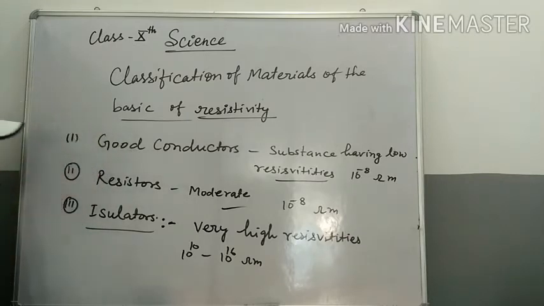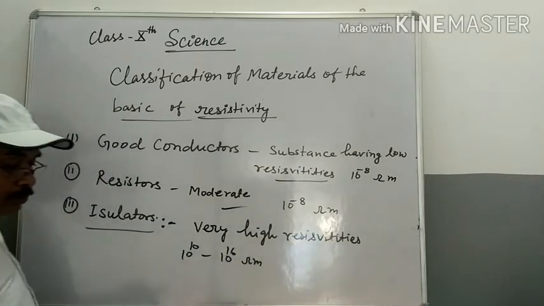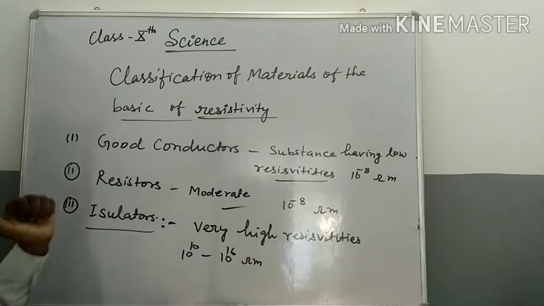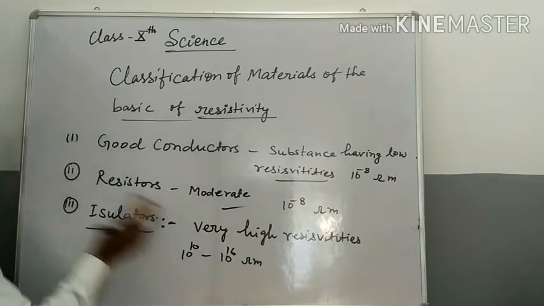Insulators like rubber gloves are used. Insulator means very high resistivity and negligible conductivity. Now students, next topic.